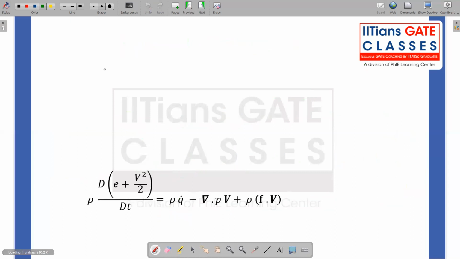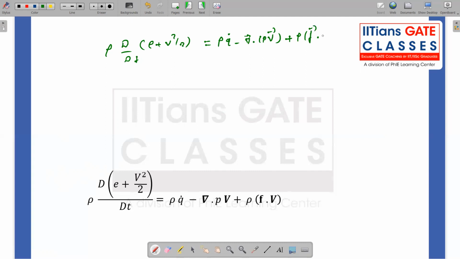So that brings me the form: rho times D/Dt of (e + v²/2) equal to rho q̇ minus divergence of (pressure times velocity) plus rho f · v.